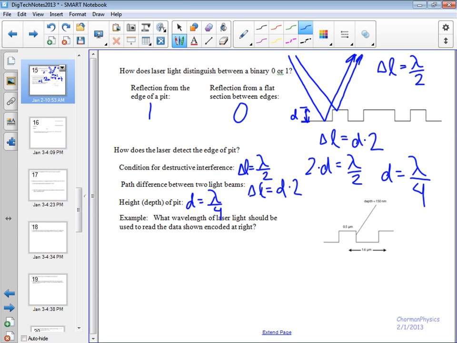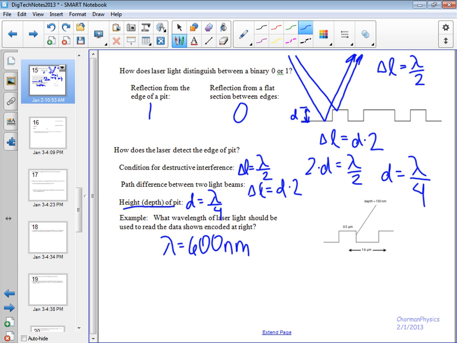And it shows you there that d is equal to lambda over 4. That's what the perfect depth of the pit would be based on the wavelength of the laser light. So if the depth here is 150 nanometers, we know that the wavelength of the laser light used to encode the data should be 600 nanometers, all right? And that's pretty much how a CD or DVD works. Those little pits and lands have a little laser light that reads them, and that's it, okay?